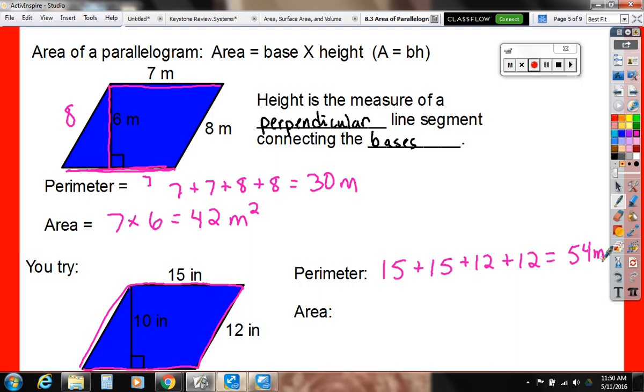Okay, I'm glad you mentioned that because the base does not always have to be the bottom. What did I say about how you know? Can anyone raise your hand and tell me how I know what the base is? Matt? Okay, so we're talking about how to determine what the base is.